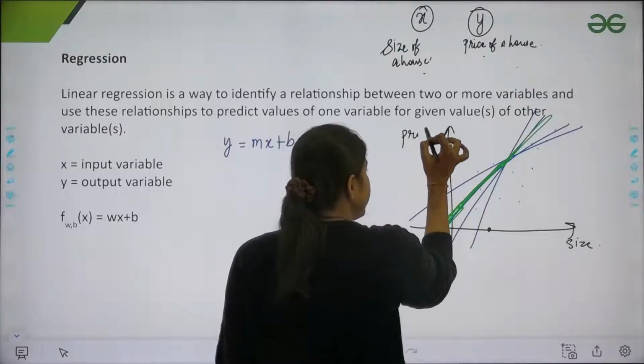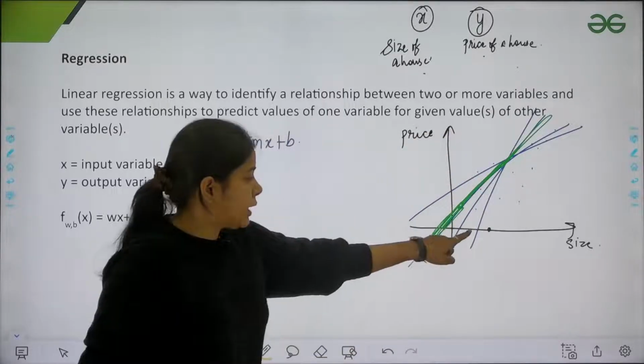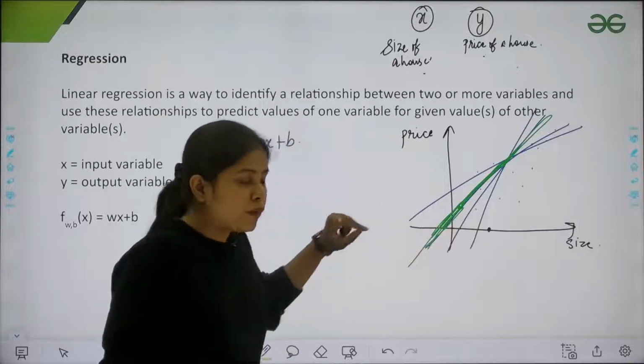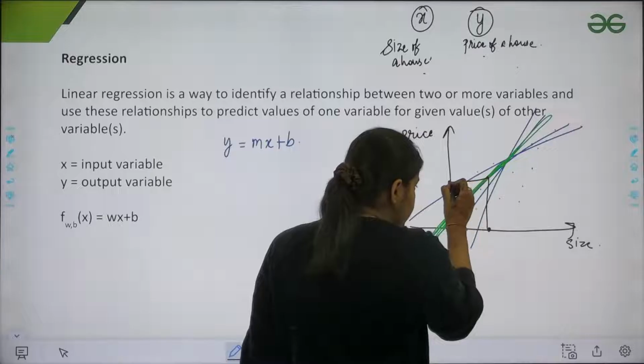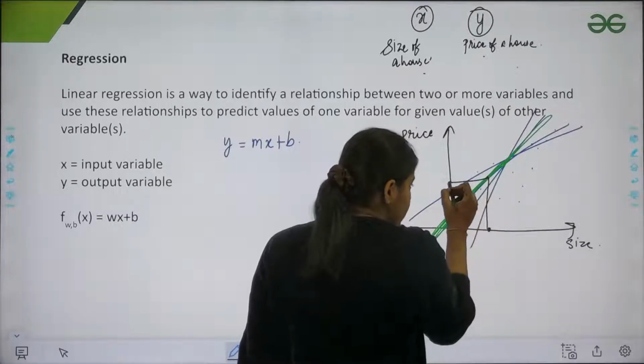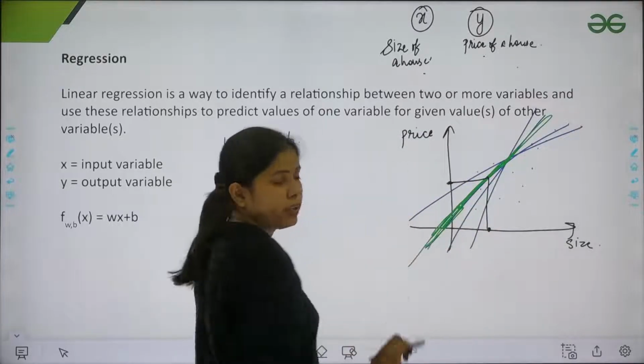On this axis we have price of a house. If I want to know what would be the price of a house at this particular size, I'll go to that line and see that at this particular size, this is the price of a house. So I got the result.